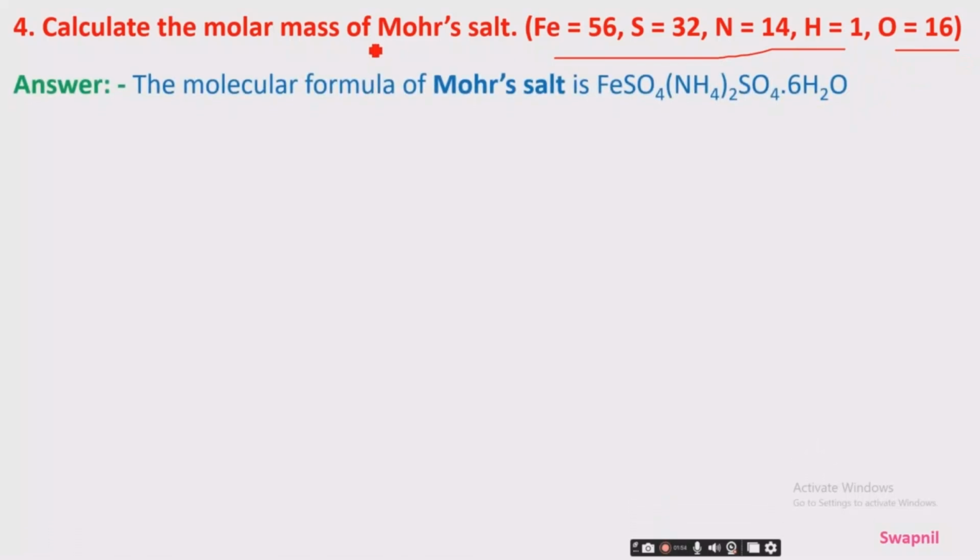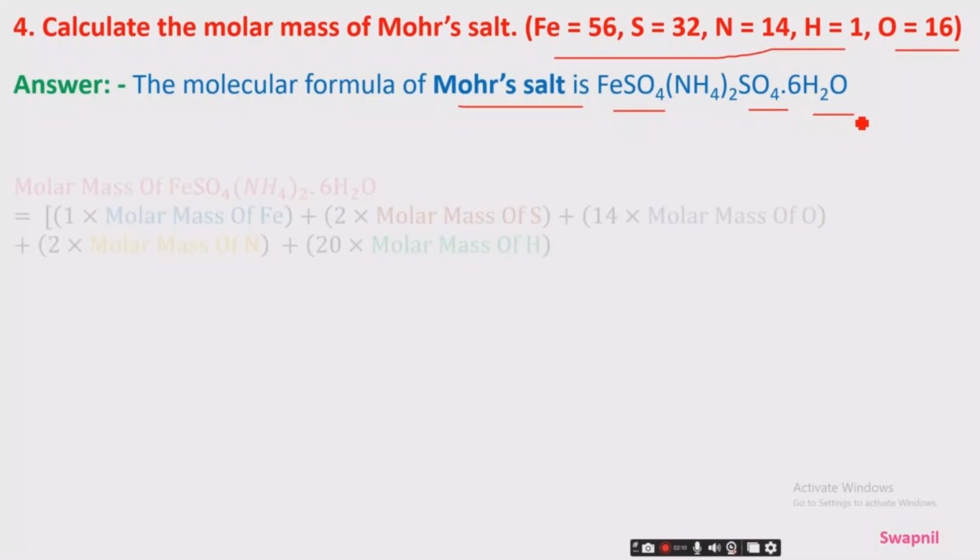So we know that the molecular formula of Mohr's salt is FeSO4(NH4)2SO4.6H2O. In this formula there are 6 water of crystallization present.